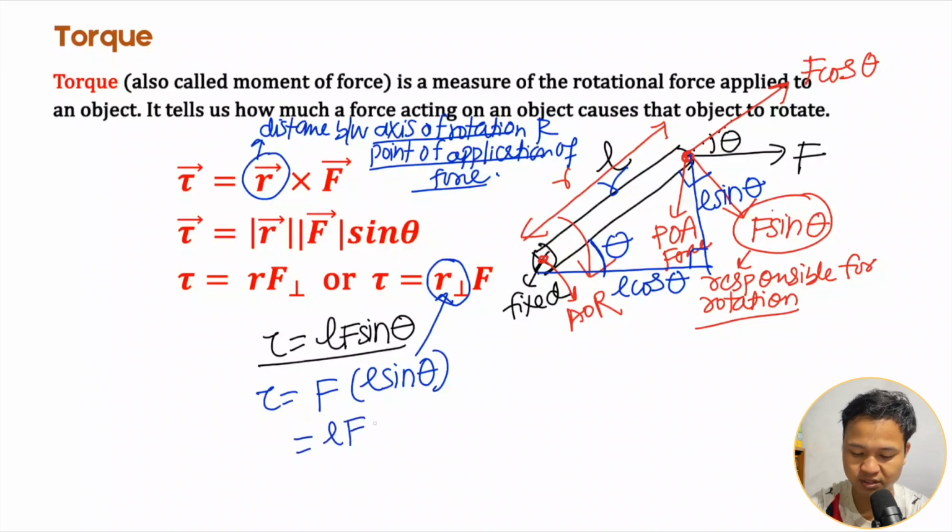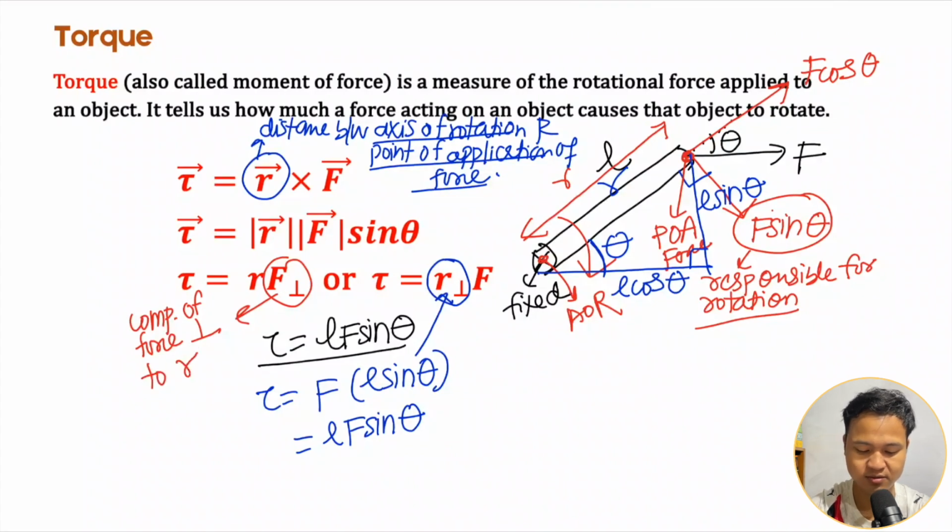So another way of writing the torque is force into l sin theta, that is f into sin theta. So there are two ways of writing it. What is f perpendicular? It is the component of force which is perpendicular to r. And the other is the component of r which is perpendicular to force, for the torque.